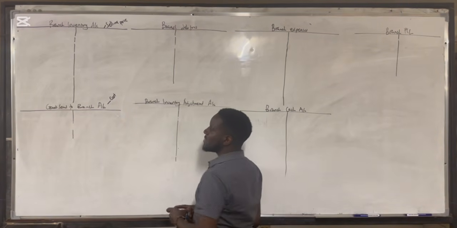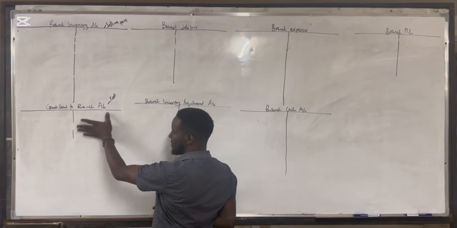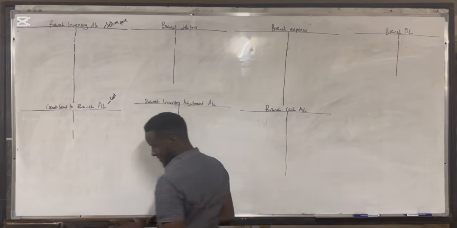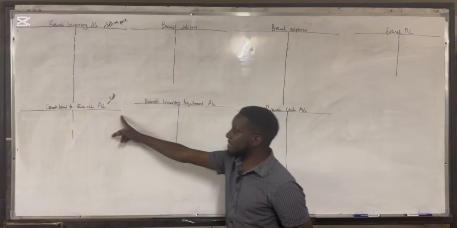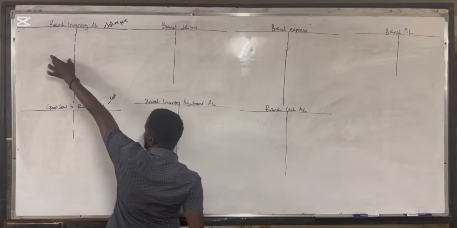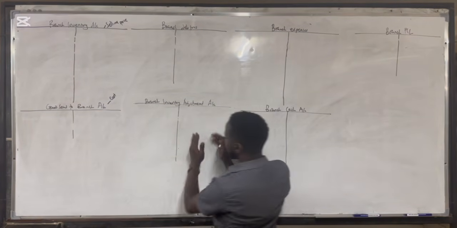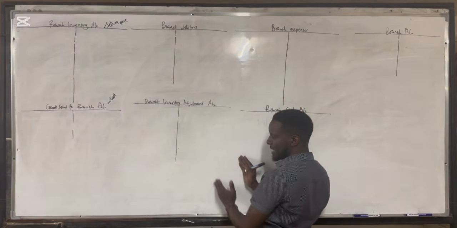But rather, when it comes to the goods sent to branch account, we are only going to record the cost element of it. Now, the profit element, which would have been inclusive in the selling price and not in the goods sent to branch account, is going to be recorded in the branch inventory adjustment account.